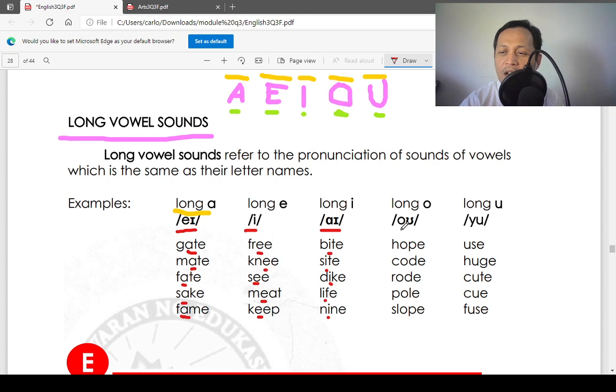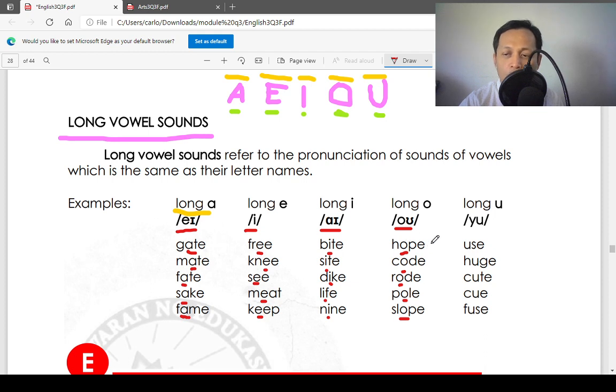Then we have the O sound. Again, it's not U, it's O sound. It is pronounced longer. Take note of the words or of the letters. This will receive the long O sound.